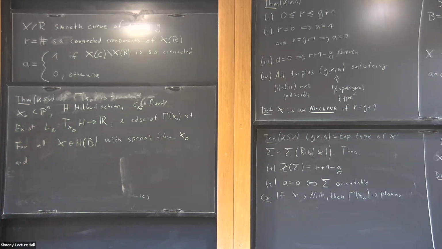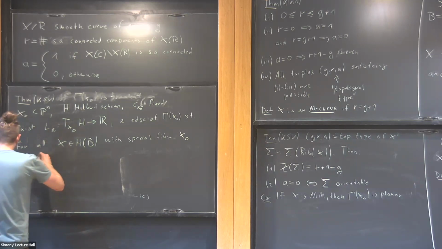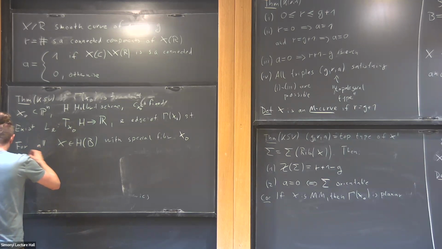And as such, we can define a tangent vector of this family at X naught, which might be zero if it's somehow ill-behaved, but you can define a tangent vector.